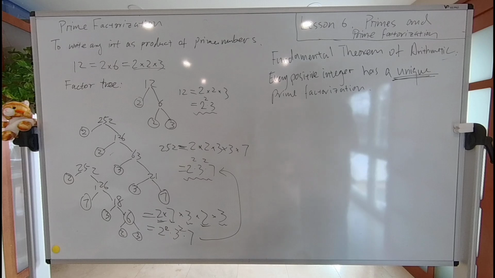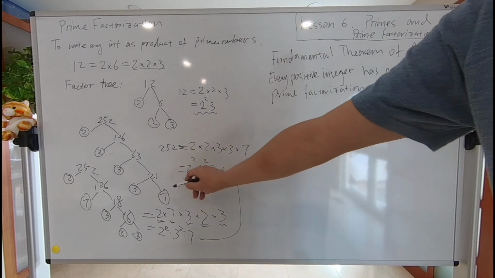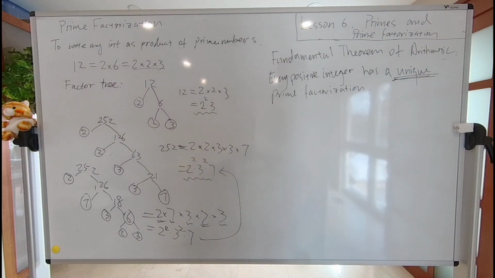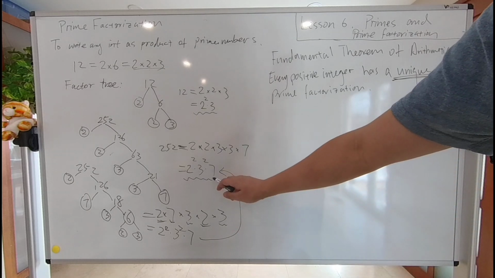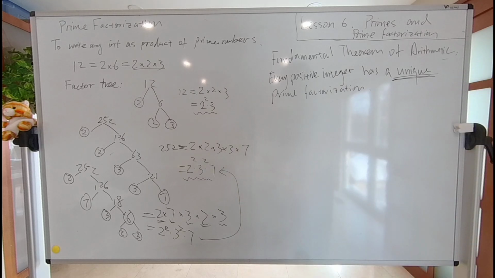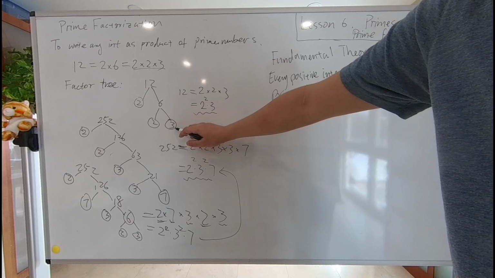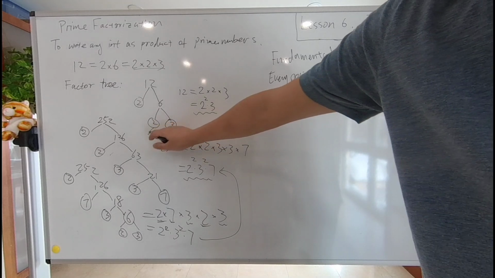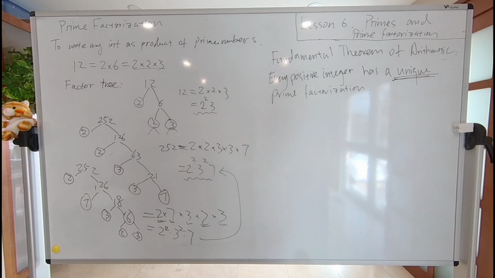This means it doesn't matter which prime number you factor out first, eventually you will always get the same prime factorization. You can consider prime numbers as the basic elements of numbers, and because they cannot be factored further, this prime factorization is a unique combination for every single number.